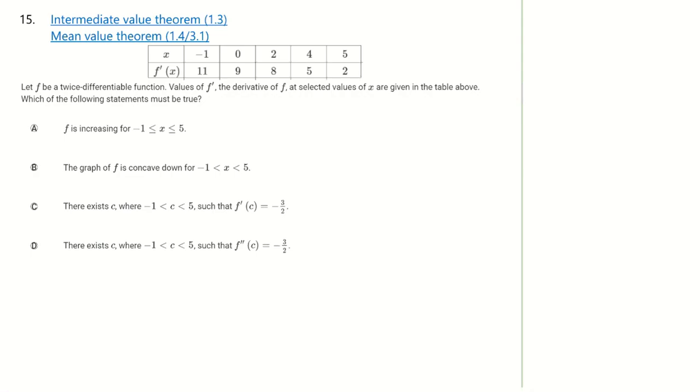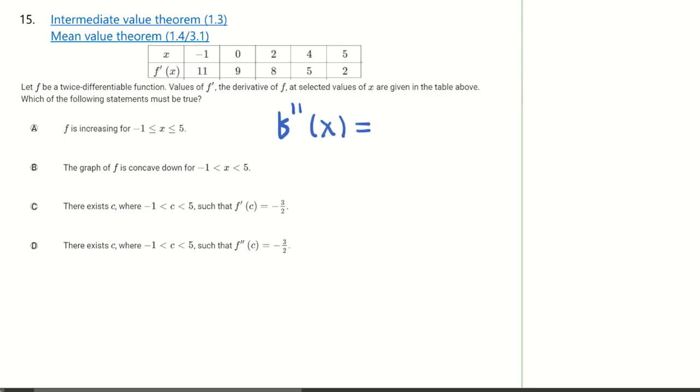Okay. And D is using the mean value theorem. If f is twice differentiable, then that means f prime is differentiable. And that means that there's going to be some place between -1 and 5 such that the derivative of f prime, which is f double prime, is equal to the average rate of change of f prime over the interval -1 to 5.